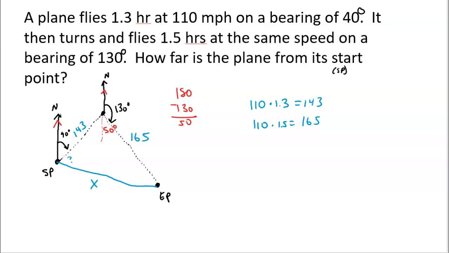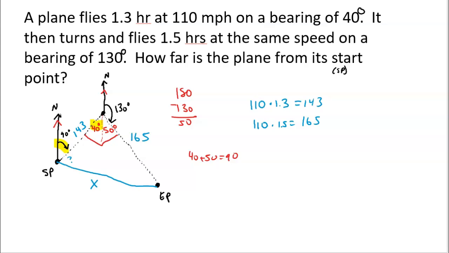North and north lines are parallel, which means this angle right here is going to be congruent with this angle right here, which means that this will also be 40. And what do we know about 40 plus 50? That gives us our 90 degrees. So we've figured out that this is, in fact, a right triangle. So again, we have to first prove that it's a right triangle before we can do anything.